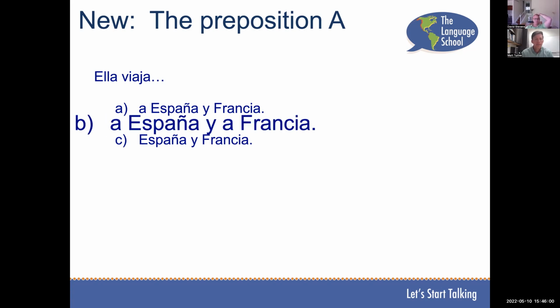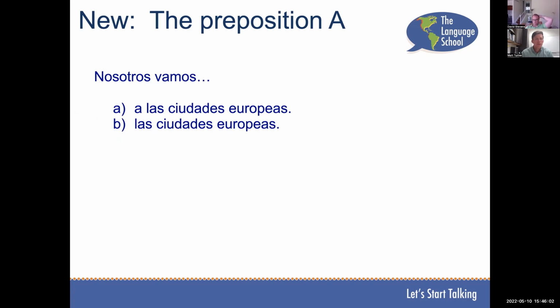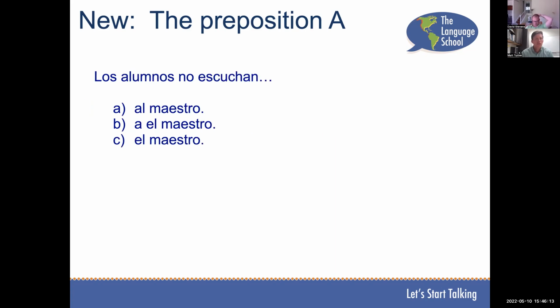Muy bien. Nosotros vamos a las ciudades europeas. Los alumnos no escuchan al maestro.